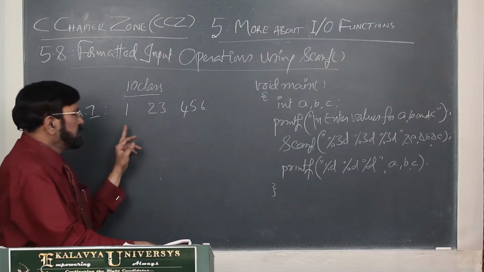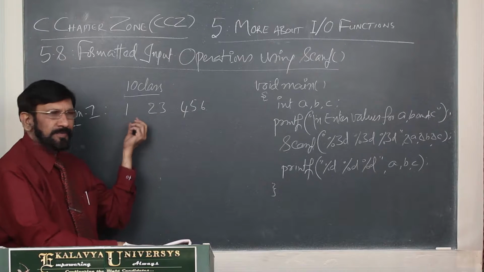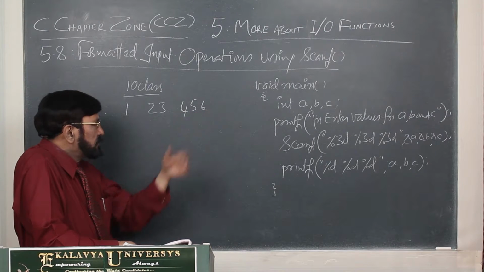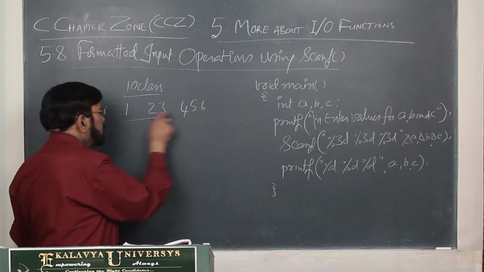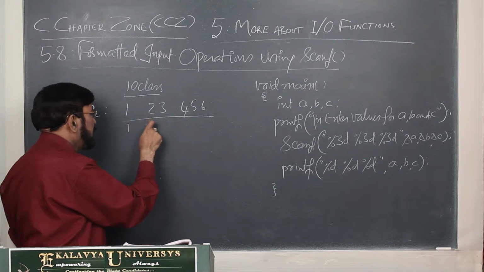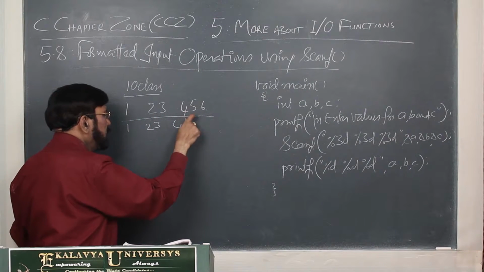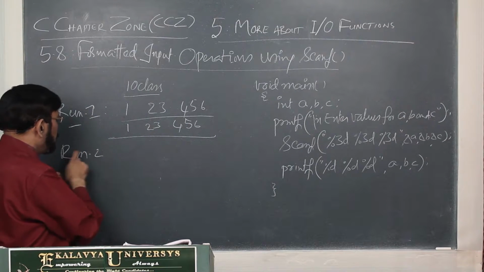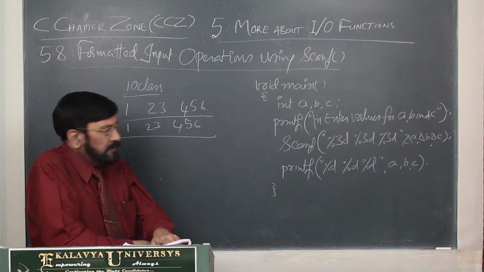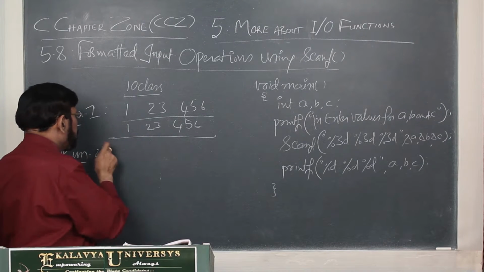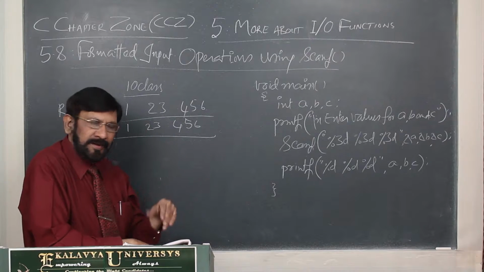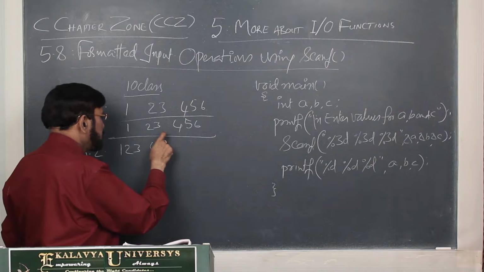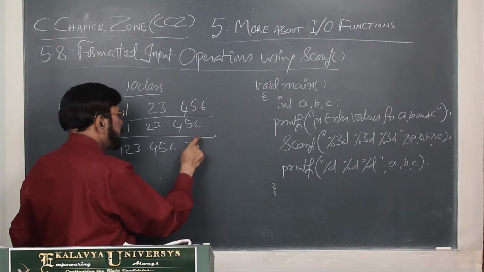In the first run, what have we entered? 1 for A, 23 for B, 456 for C. Then how are they printed? They are printed as they are. There is no problem because we are not violating the rule. Next, run 2. Again we compile and run and give 1, 2, 3, 4, 5, 6, 7, 8, 9.